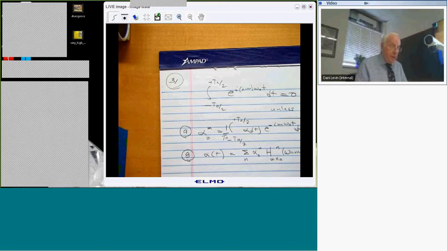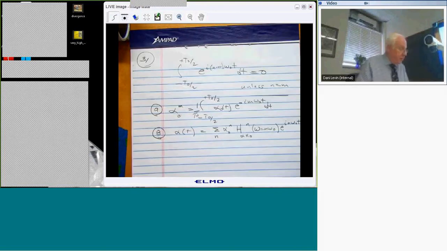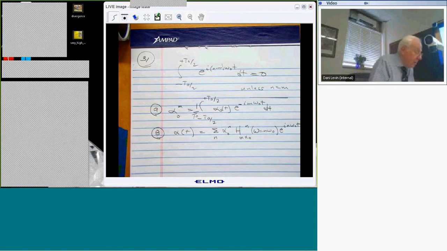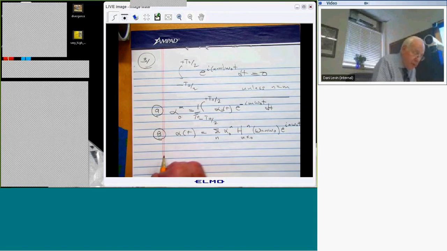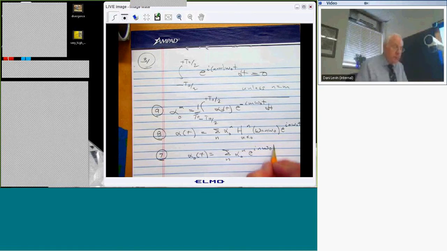And what else? Equation 7 will be important to have. 7 is alpha naught of t, of course, written as the summation over n of alpha naught n e to the i n omega naught t. Okay. So these are the three key results for periodic motion.